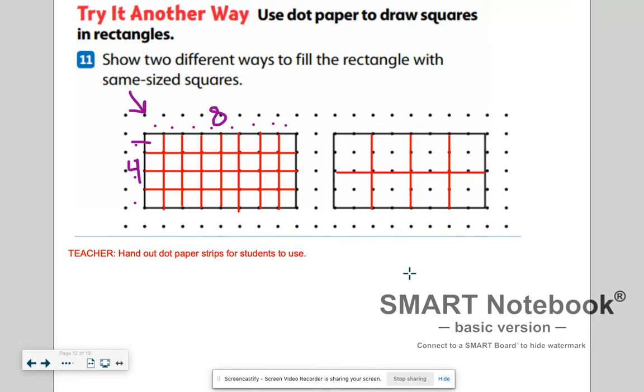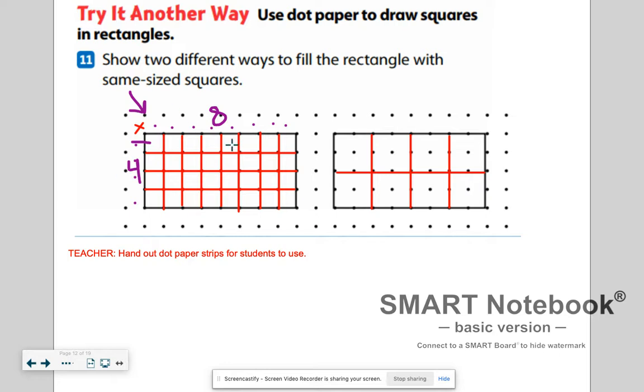Okay, so in this first shape, are the squares the same size? Yes. In the second shape, are the squares the same size? Yes. So in this first rectangle, if we remember, what is 4 times 8? 4, 8, 12, 16, 20, 24, 28, 32.